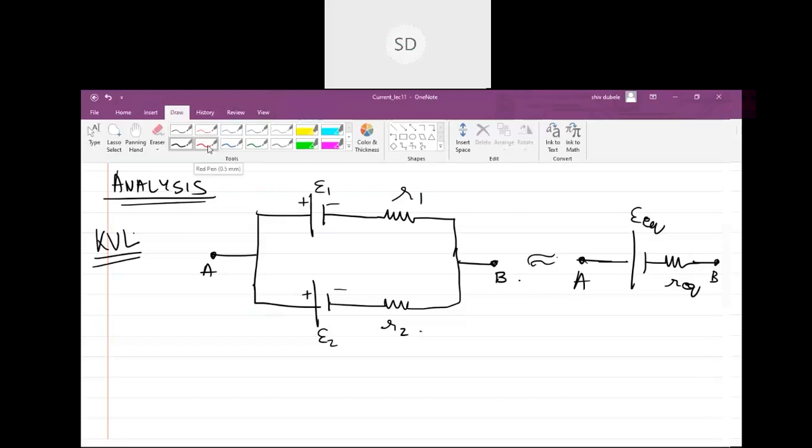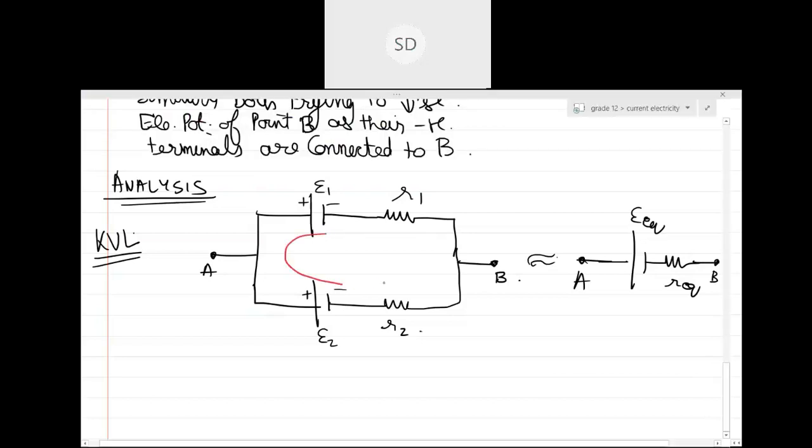Let's say within this loop a current flows, and that current is I. If current is flowing in this direction, that indicates E1 is greater than E2, right? Yes or no, guys? Because the direction of net current is in the direction of E1. Yes, sir, E1 is greater. So can anyone tell me what this is? Can anyone apply KVL in this loop?